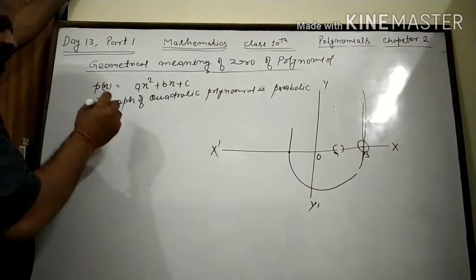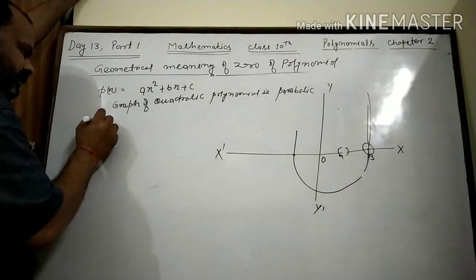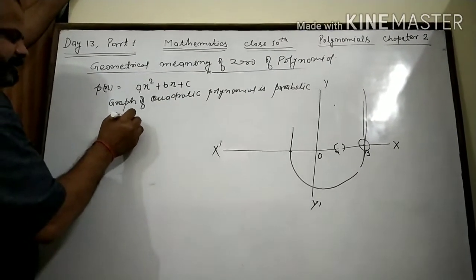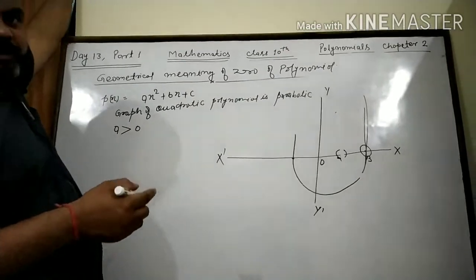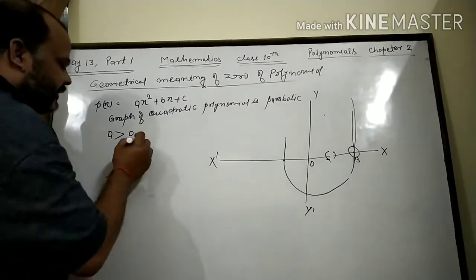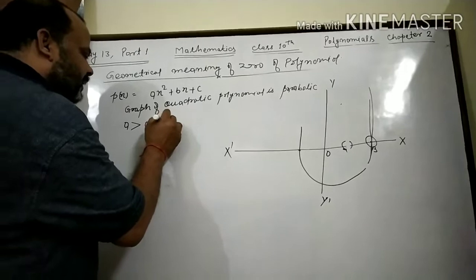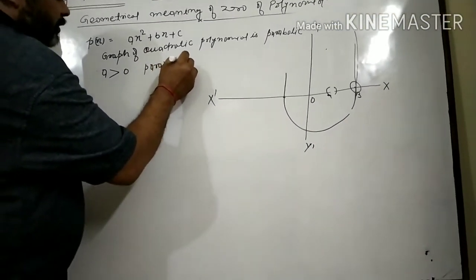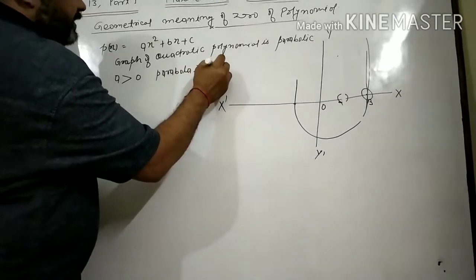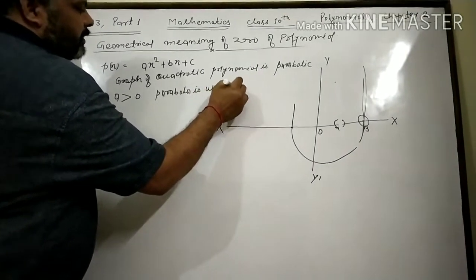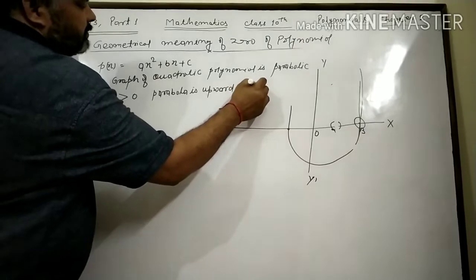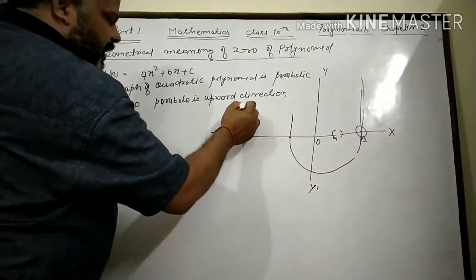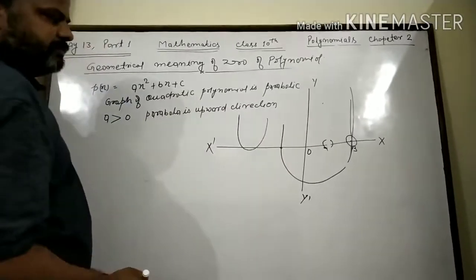And if here a is greater than 0, it means a is positive, then the parabola is in the upward direction. Upward direction means the mouth of the parabola is like this.